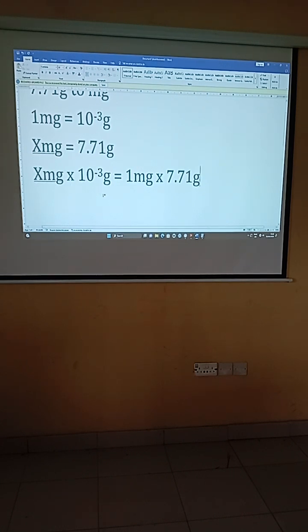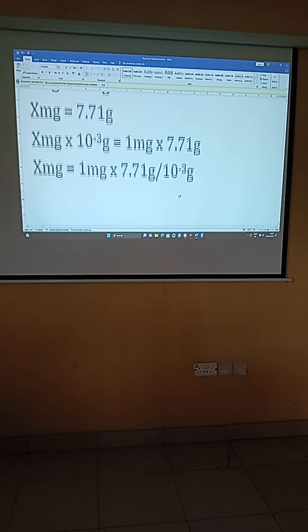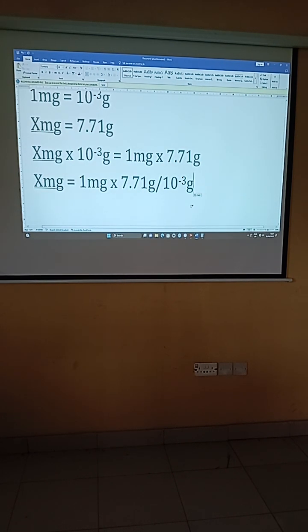So X milligram is equal to everything here divided by 10 to the power minus 3 gram. When we do that calculation, 1 times 7.71 is 7.71 gram, divided by 10 to the power minus 3.